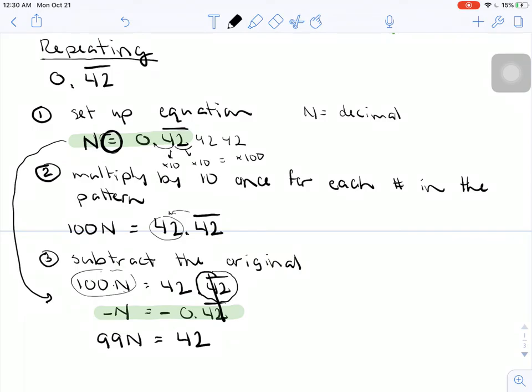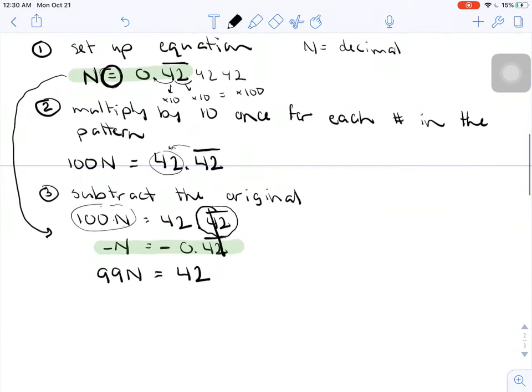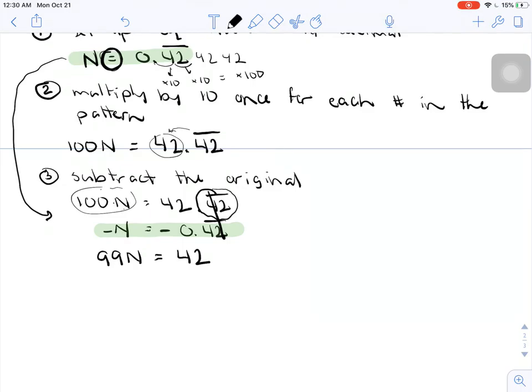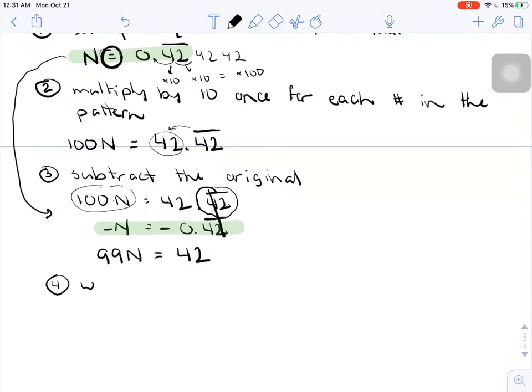So what this did, this idea of, okay, I'm going to multiply the equation to make it bigger and then subtract out the repeat, I just got rid of the repeat. So now I have a one-step equation I can work backwards from, and if I work backwards, it's going to give me my fraction.